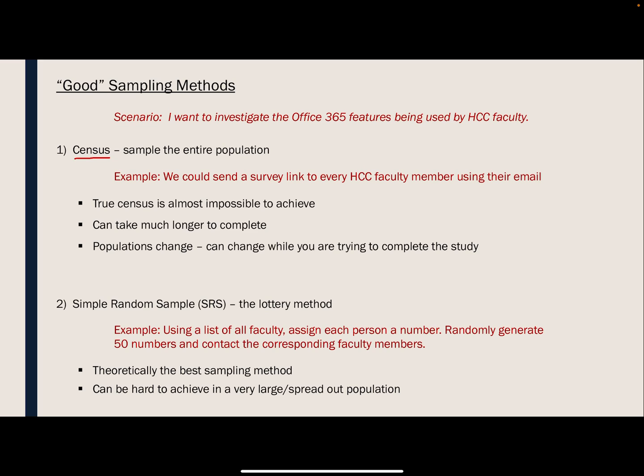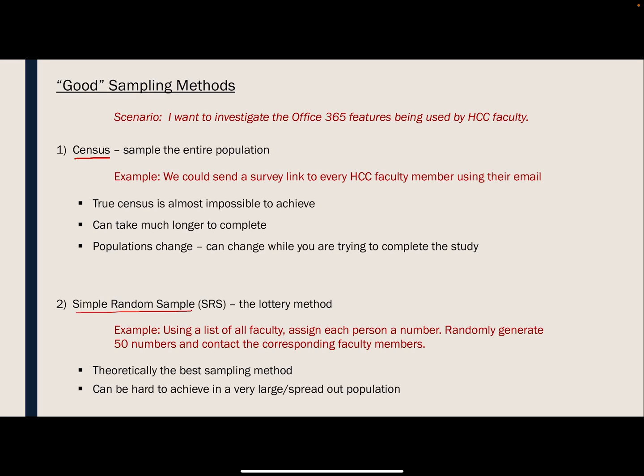So another type of sampling method is called a simple random sample, and we abbreviate it as SRS. This is theoretically the ideal way of sampling, and I think about it as a lottery. So basically we would take the entire population, put it on a list, assign a number to each object or person in that population, and then randomly generate numbers until we get the sample size that we want.